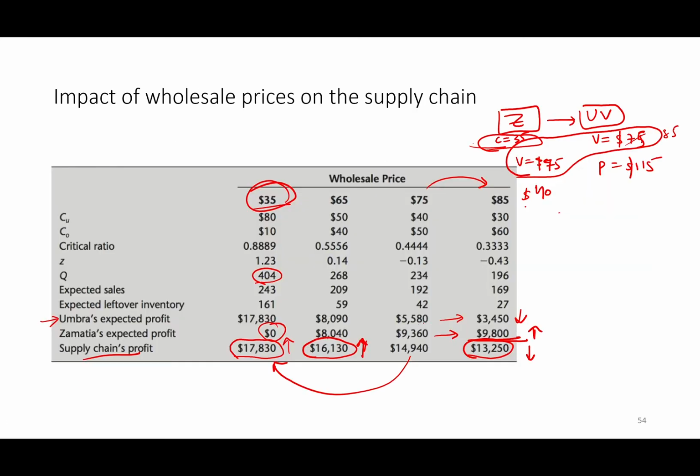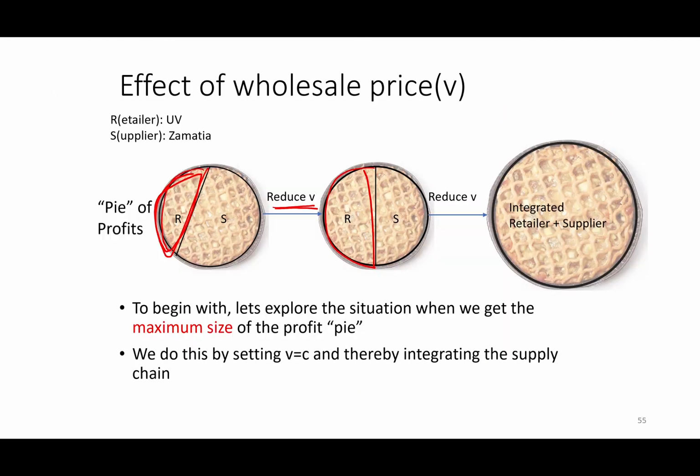When the wholesale price was 75, UV was making 5,580. You reduce the wholesale price to 65, then UV makes $8,000, because their margin increases. First they had a margin of 40, now their margin is 50, so of course they're going to make higher profit.